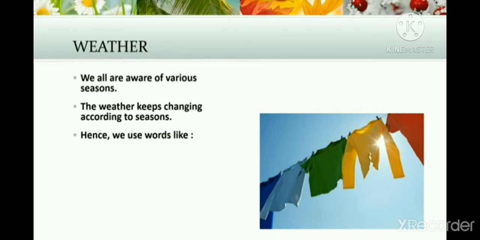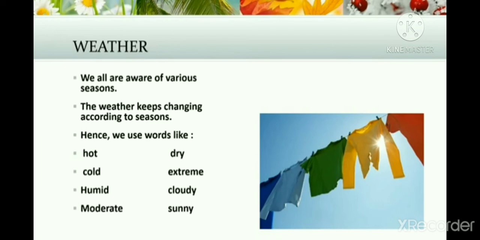Hence, to define weather at a particular time, we often use words like hot, dry, cold, extreme, humid, cloudy, moderate, sunny. Suppose I say that this afternoon is sunny, someone will say that it was extremely cold in the morning at my place.